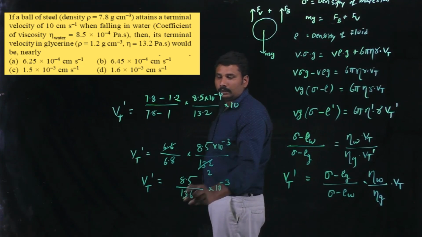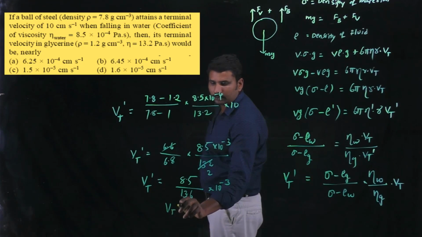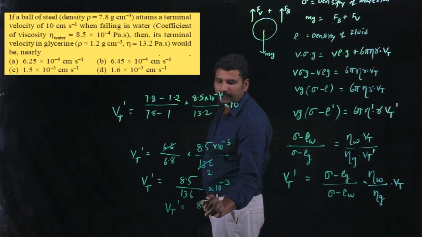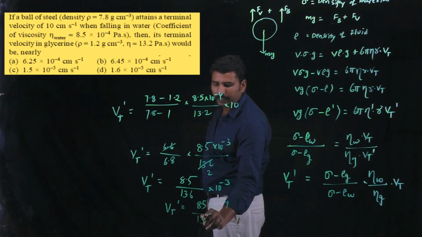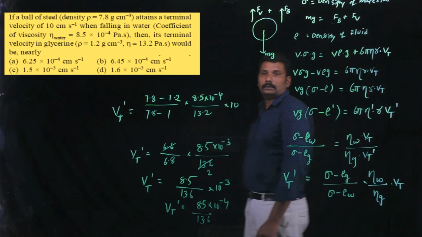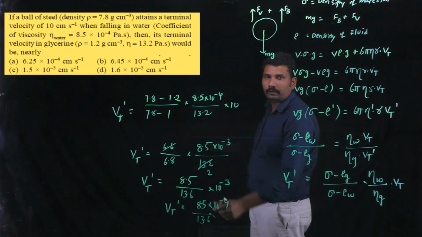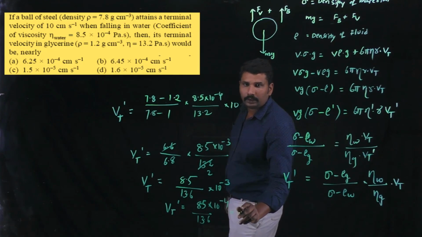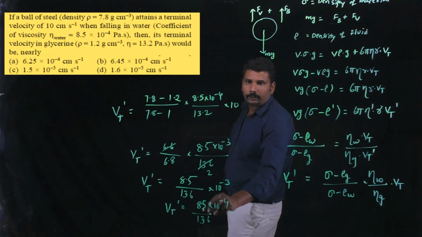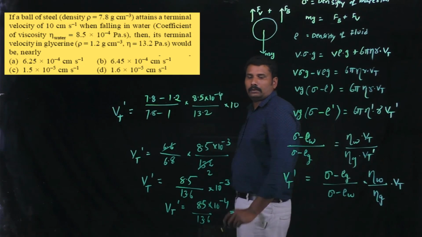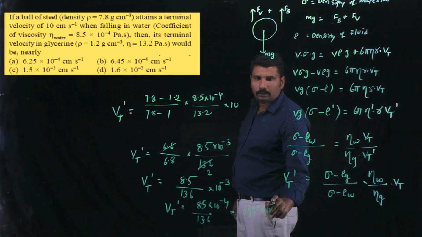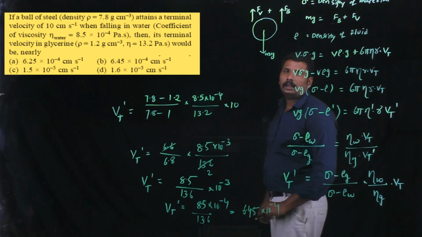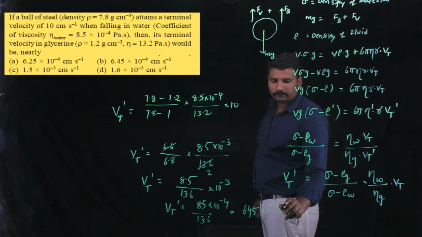Simply, Vt dash is written as 85 into 10 power minus 4 by 13.6. Approximately it is 6.45, so it is 6.45 into 10 power minus 4. All the units are in the CGS system, that's why the units are centimeter per second.